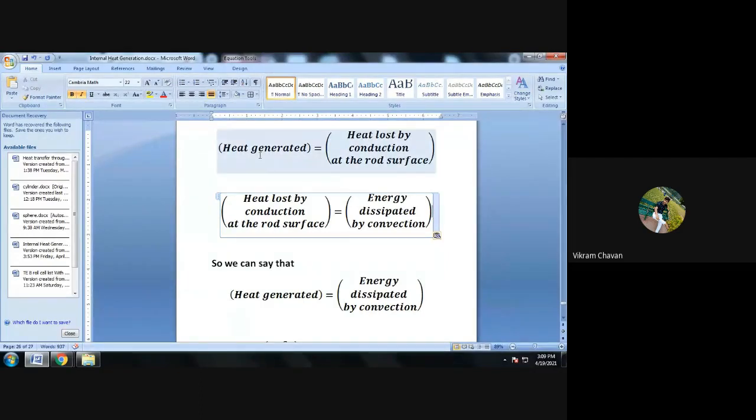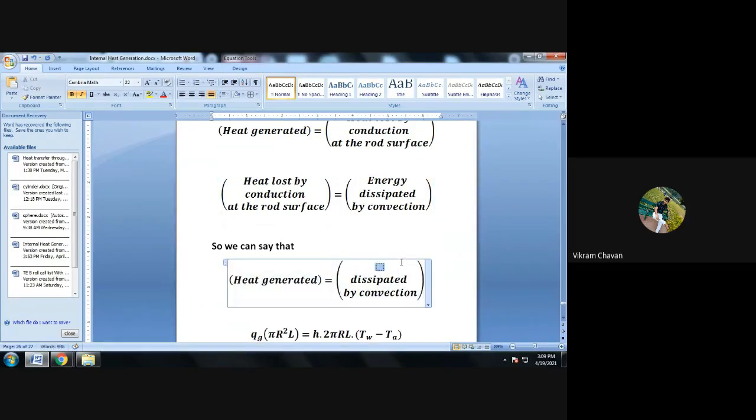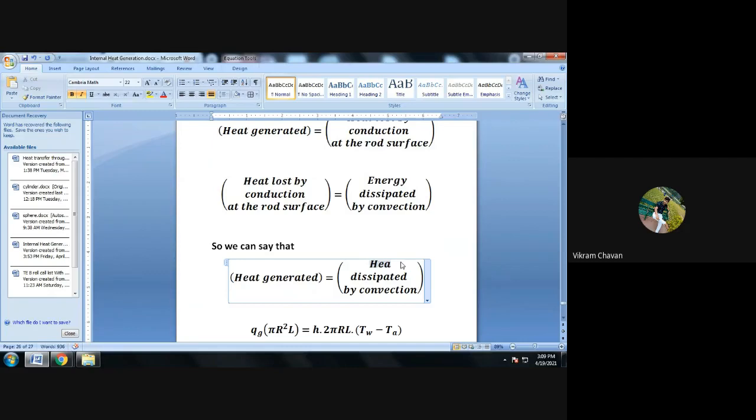So from these two equations, we can say that heat generated is equal to heat dissipated by convection. By considering this, we can easily do the calculation.